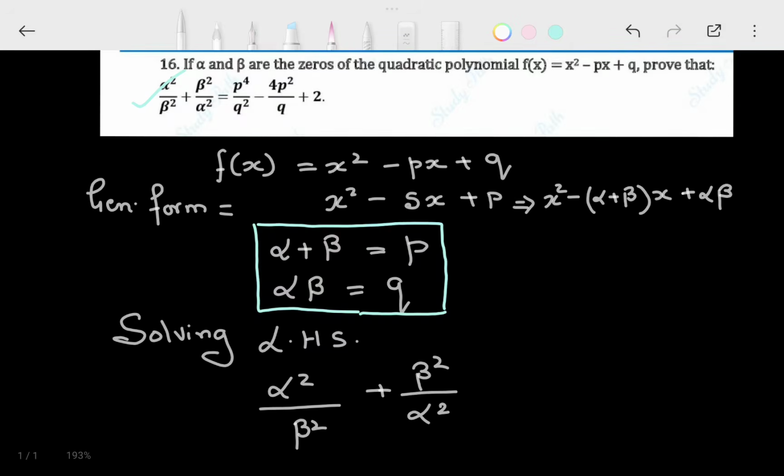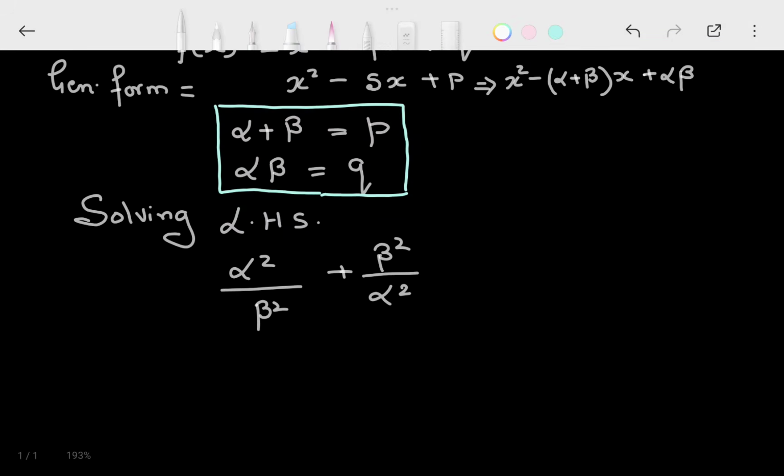So we will solve this. So the first thing to do is take the LCM. So let's take the LCM. We get alpha square beta square in the denominator. So here we get alpha raised to the power 4 plus beta raised to the power 4.